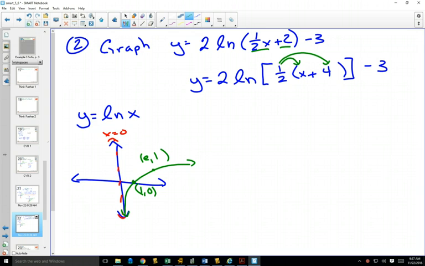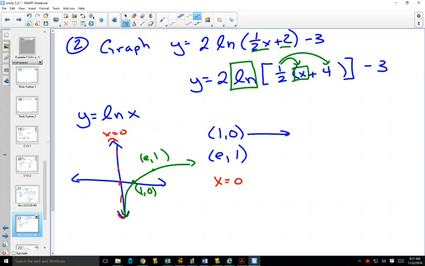Going to our equation, that means this and this are part of our parent function. But we don't need to put the green box around that as much because the natural log has no number that appears, so you're not going to get confused with thinking that's part of one of your transformations. So starting with our 2 points, 1, 0, e, 1, and our asymptote at x equals 0.